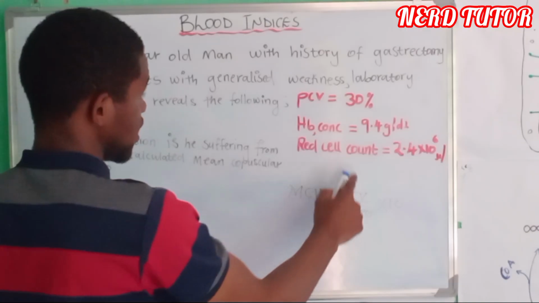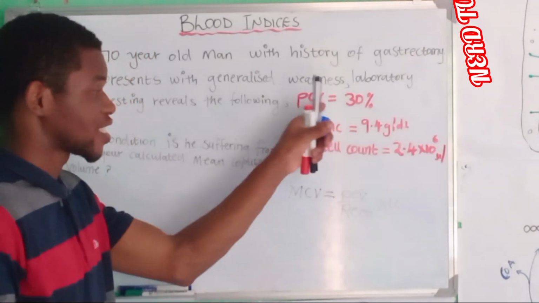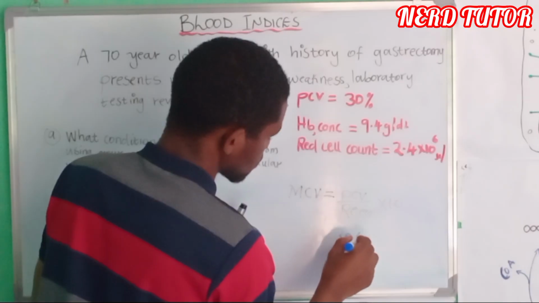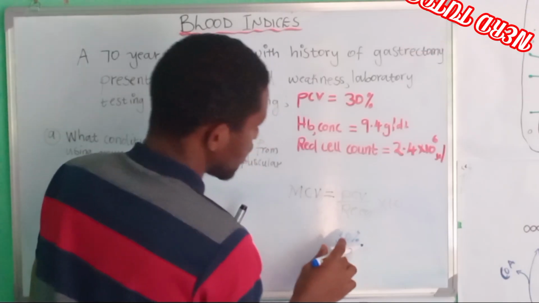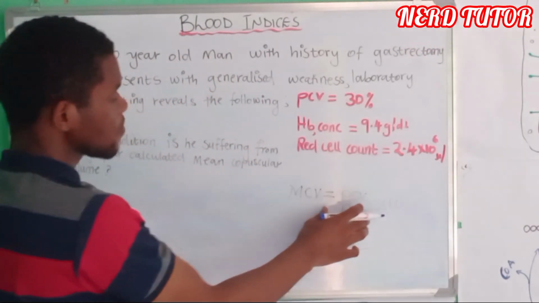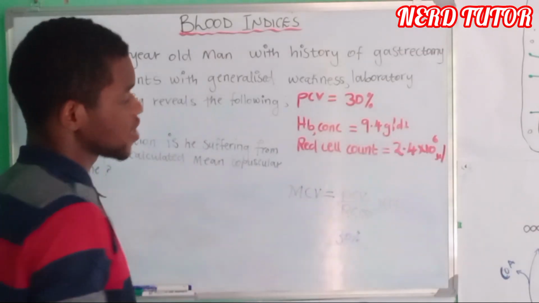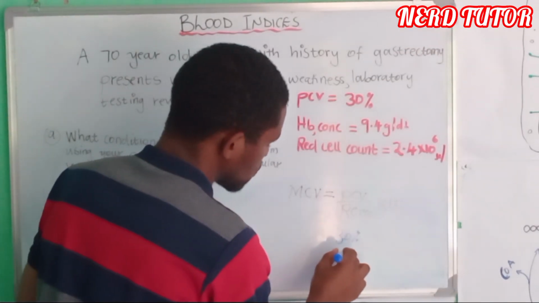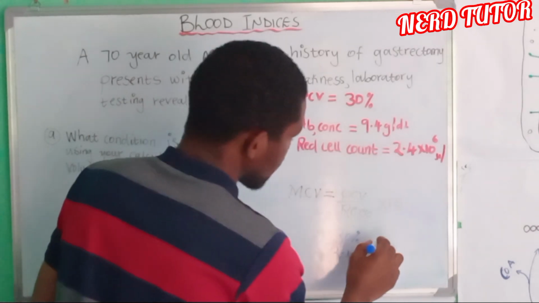We have the PCV, calculated by the doctors in the lab, which is 30%. So we say 30% over the red blood cell count. The red blood cell count is 2.4 times 10 to the power 6 per microliter of blood. So we say 2.4, then times 10.